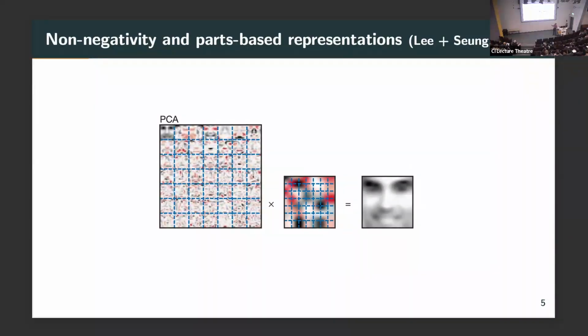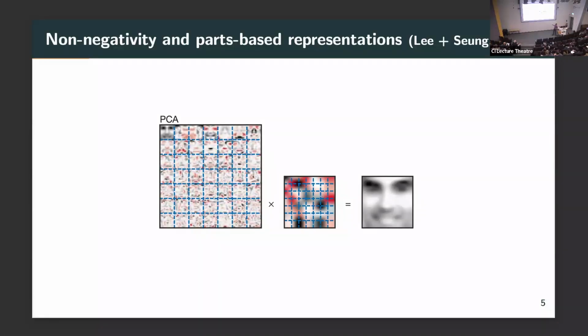Then subsequent PCs, this one's a nice one. It's a contrast, if you like, between eyes and the rest of the face, so arguably somewhat interpretable. But generally the PCs are not very easy to interpret, apart from this one.